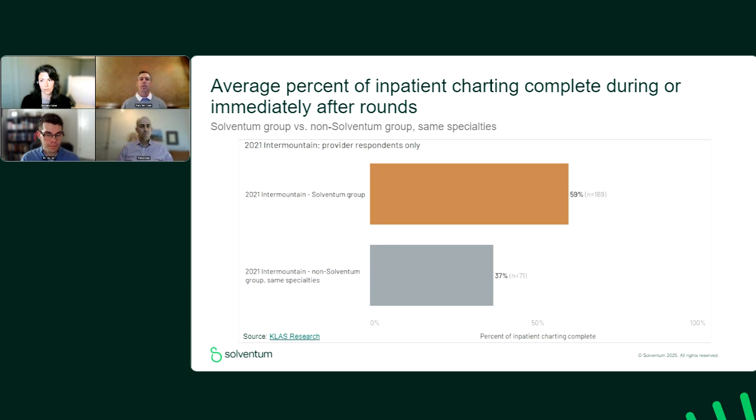here are some of the results we've seen with the survey that Sydney mentioned. You can see that in terms of getting inpatient charting completed during or immediately after rounding time, the Engage 1 or Solventum group shows a 22% improvement with our providers surveyed versus those who did not have the Solventum tool available. Now, with this metric as well as the others, have we climbed the hill and reached the summit?